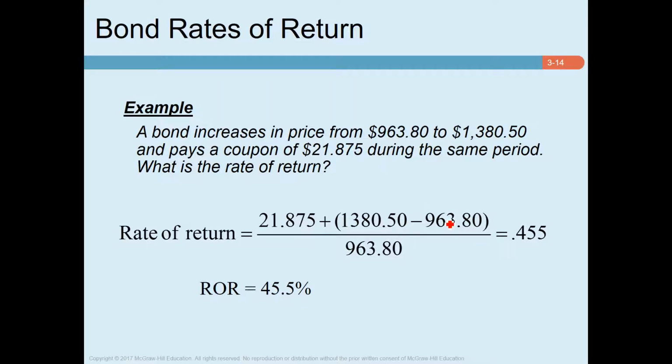Our initial price was 963 and now it's 1,380, so the difference is the change in price. You invested 963.8 in this bond and the current price is 1,380, so if we sell this bond, the difference will be your profit from the price change. So this is your interest income and this is your income from price change. As you sum this up and divide by your investment, you get 0.455. So it's basically 45.5%, which is the rate of return from the bond.